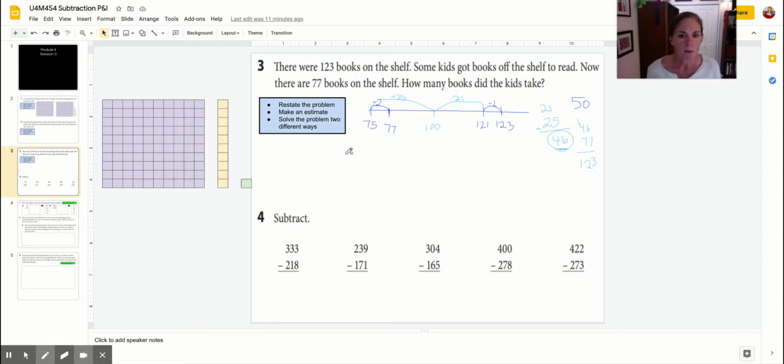And let's go ahead and write this out using the standard algorithm so that we can practice that a little bit. 123 minus 77. We'll draw those place value lines down in red.